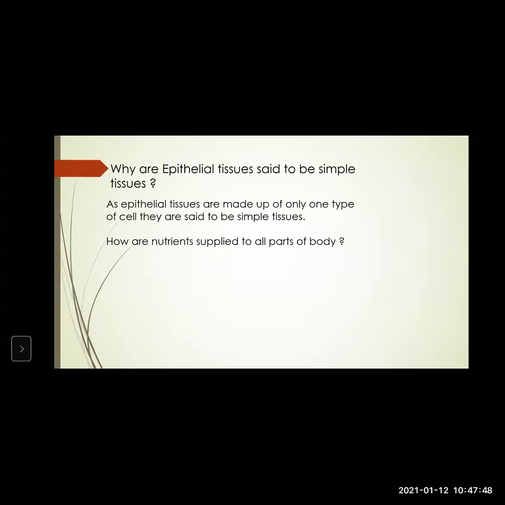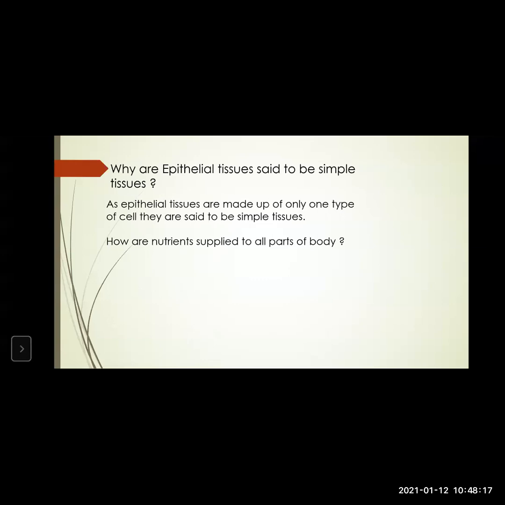Now, the next question is, how are nutrients supplied to all parts of our body? If you concentrate on your body, the food that you eat is digested in the digestive system.